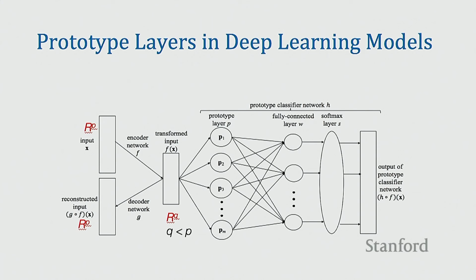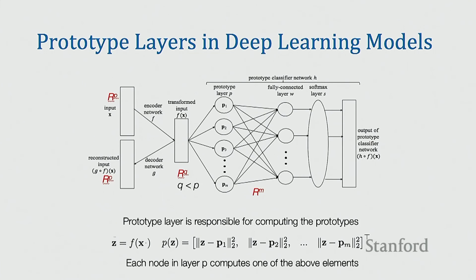So you're doing that in the first component, and then you input a q-dimensional vector of real numbers to the prototype layer. And what is the prototype layer doing? The prototype layer is responsible for computing, or learning, the prototypes, and more specifically, each node in the prototype layer is computing a value.